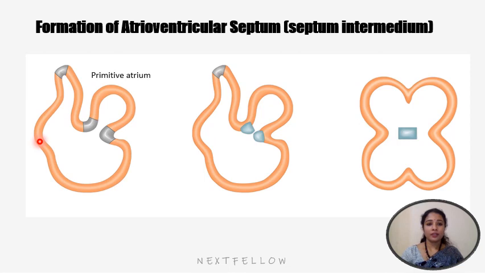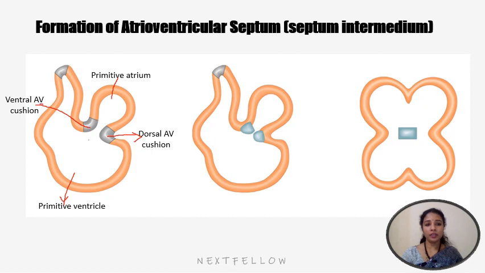So this is the primitive atrium, and the lower one is the primitive ventricle. This is a schematic image for us to understand. Here is the dorsal AV cushion, atrioventricular cushion, and this one is the ventral AV cushion.